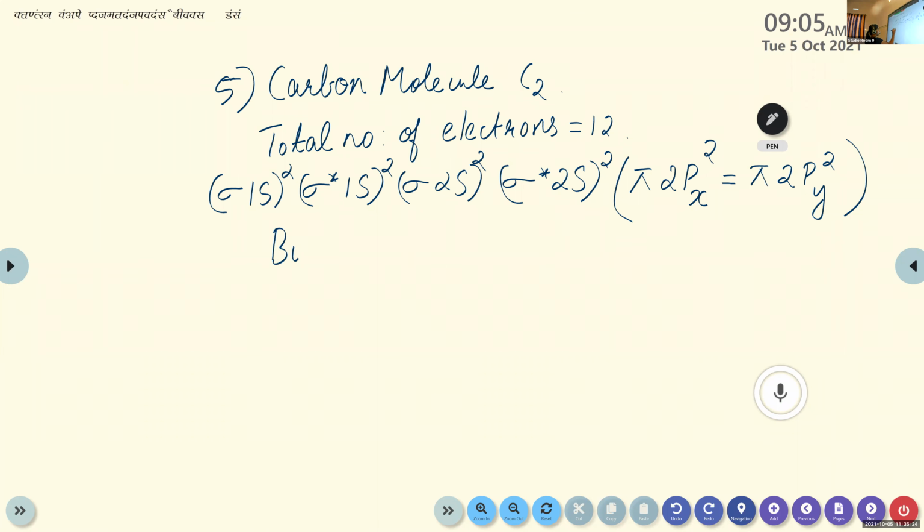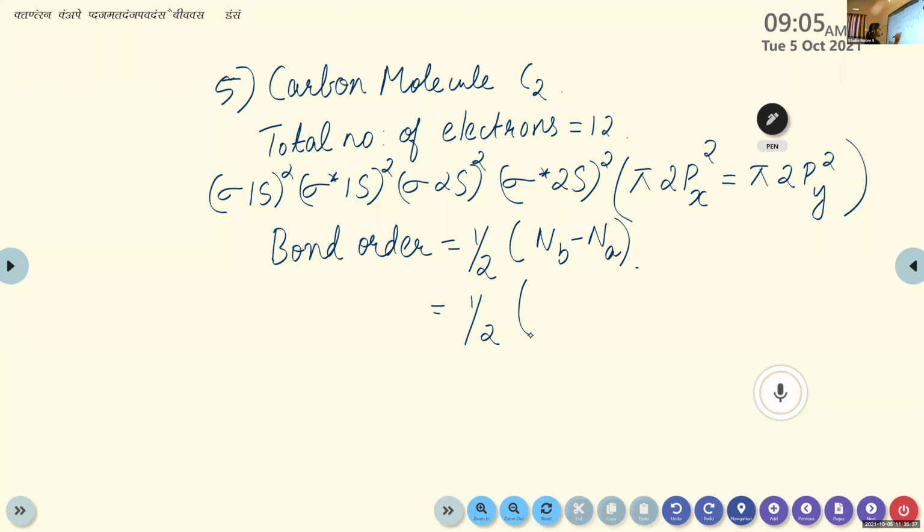Next, we can find out the bond order. Equation is half into Nb minus Na, right? You can tell me the total number of electrons in bonding molecular orbital.